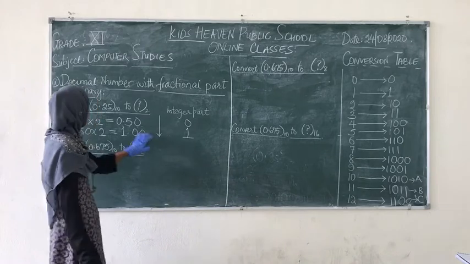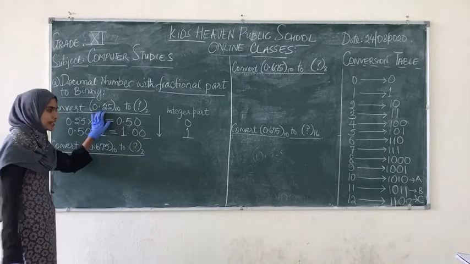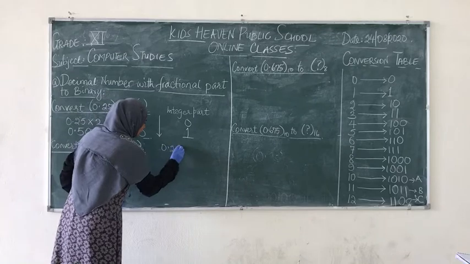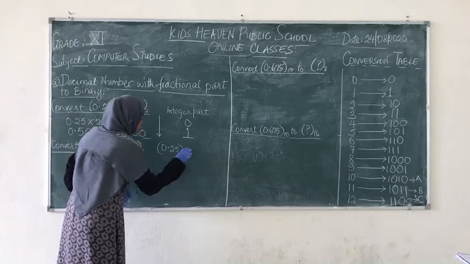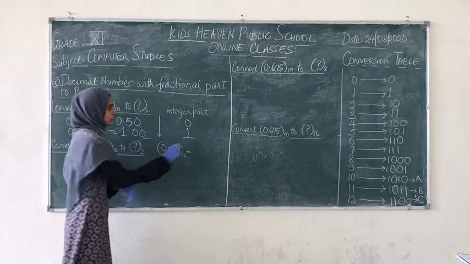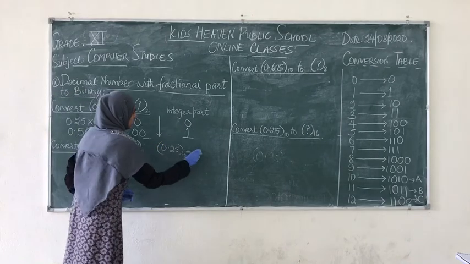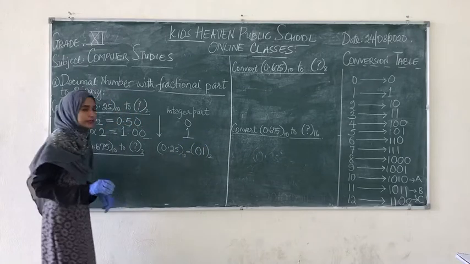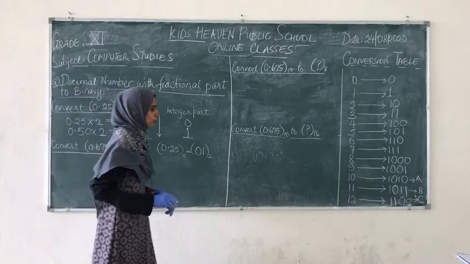Okay? Therefore, this number in base 10, 0.25 in a base of 10, a fractional number is converted to binary to give us a 0, 1, base of 2.